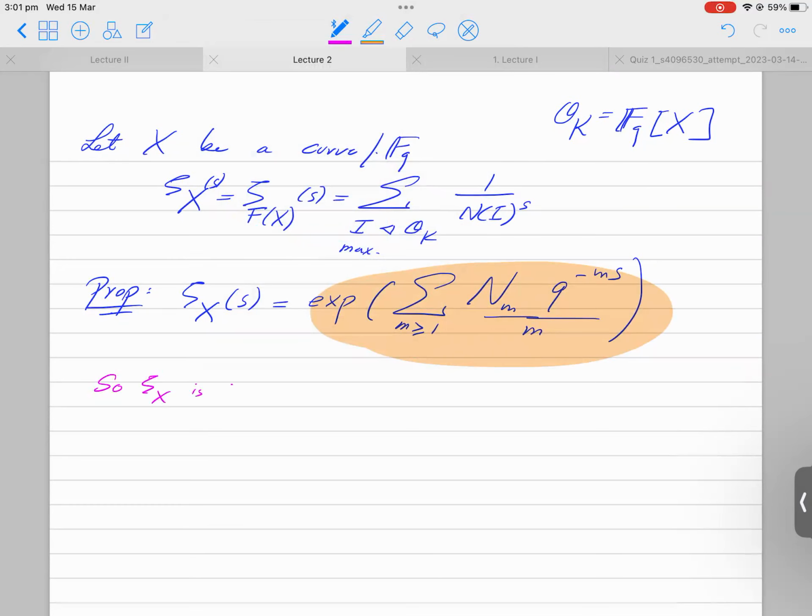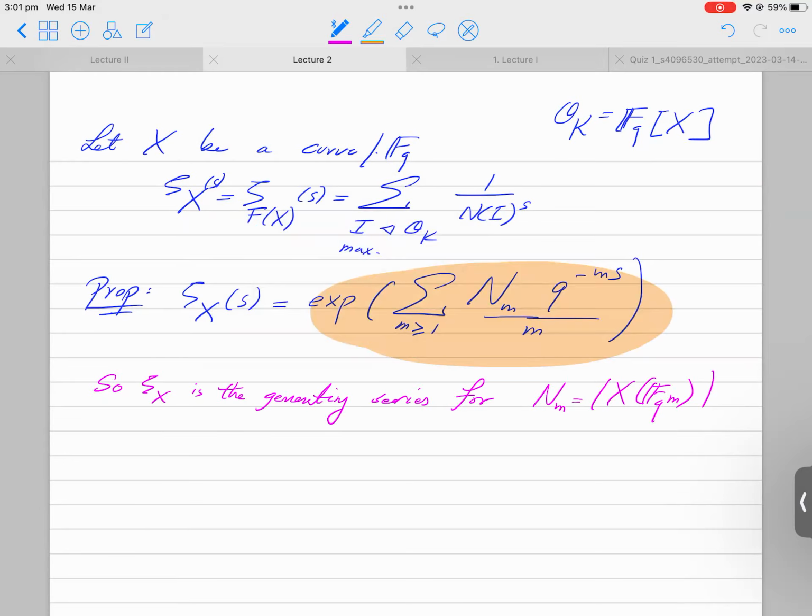Zeta is the generating series for N_m, which, remember, is the number of solutions of X over the finite field F_q to the m. So whatever the equations defining X are, you just look at its solutions over F_q to the m. So that's the conclusion of the proposition.